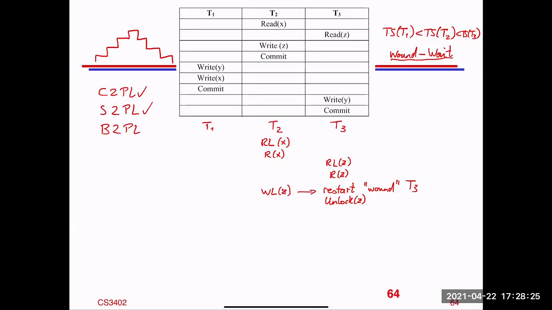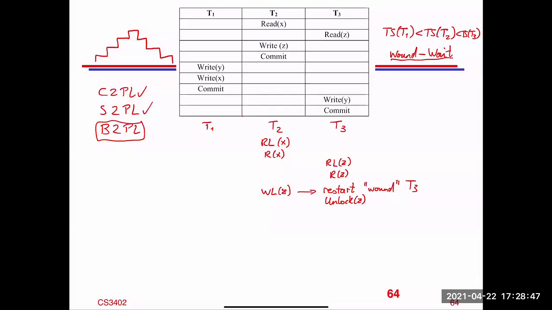Yeah, so this was our assumption on the timestamps, right? T1 less than T2, less than T3. Okay, so note that we're using basic two-phase locking.